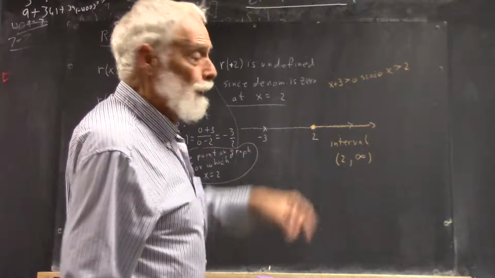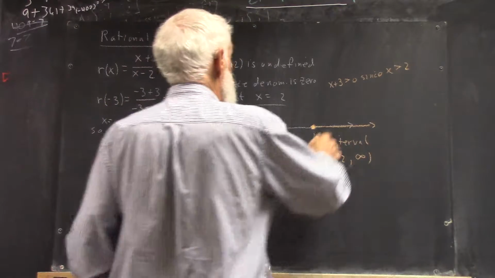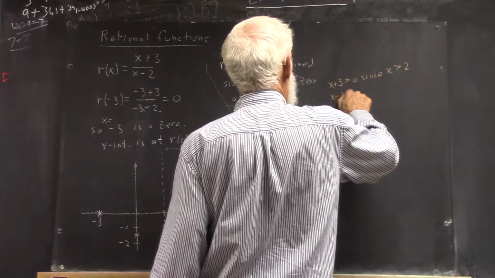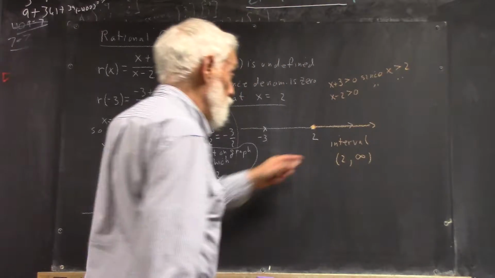x plus 3 is greater than 0 since x is greater than 2, right? And x minus 2 is greater than 0 since x is bigger than 2 everywhere on this interval.